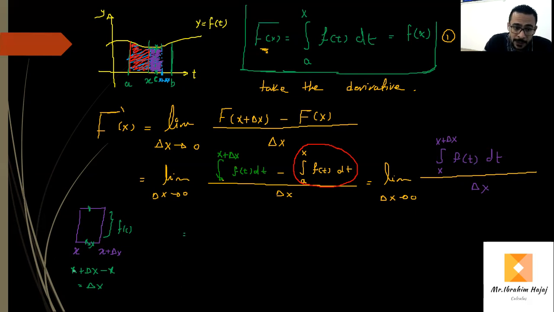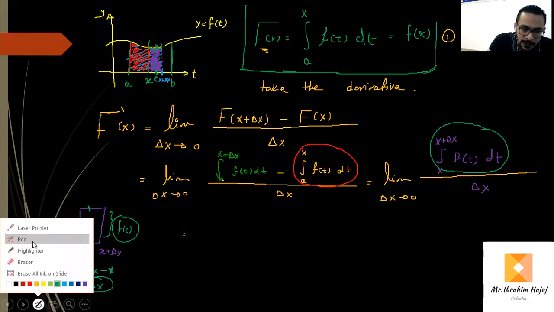So here my answer will be f of c times delta x. This whole area in purple we can replace by f of c times delta x, which is the base times the height.